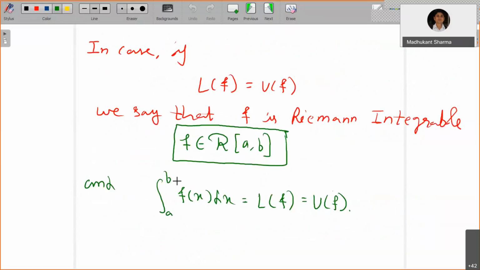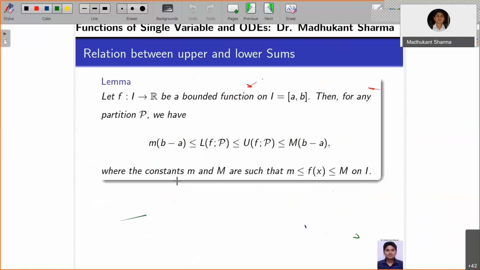So this is about the Riemann integrable. We have done all the things. If I recall this lemma from the textbook, it is very necessary for a function to be Riemann integrable that we are only talking about functions which are bounded on a closed interval a, b.